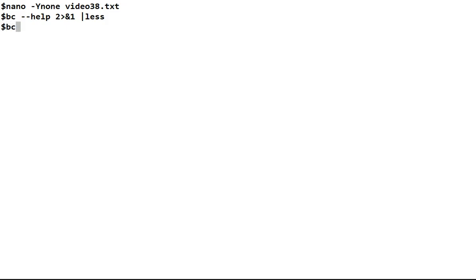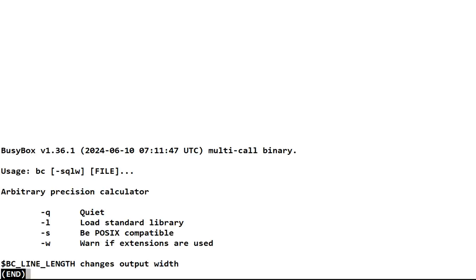If you start BC, I should go back. If you want the standard library, you have to ask for it with -L. If you want strict POSIX compatibility, you have to ask for it with -S. And to check if you're using extensions or not, you can use -W and it will warn you.